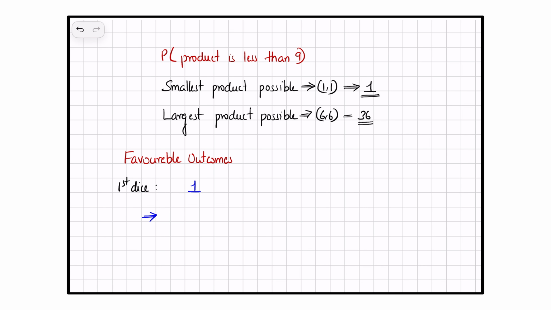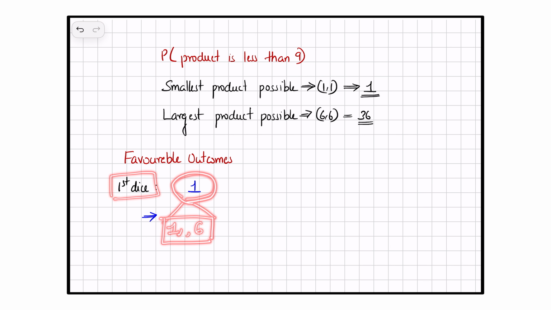Now we are just going to find the favorable outcomes. So let's say I get number 1 from the first dice. Now I'm checking what are the possible numbers that I can get on the second dice such that the product will be less than 9. So with 1 appearing on the first dice, we can have any number on the second dice, right? If the second dice is having number 1, then 1 into 1 is going to be 1, it is less than 9. And let's say the other extreme, that is I get 6.